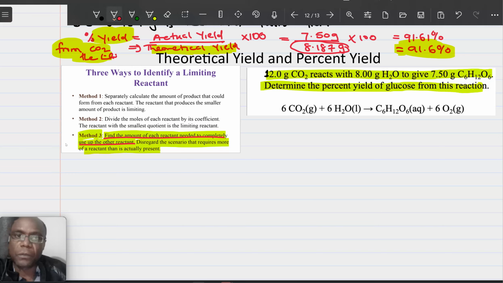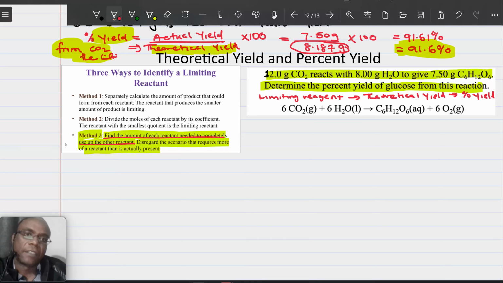We'll really have to find first the limiting reagent, then use the limiting reagent to find the theoretical yield, and then use the theoretical yield to find the percent yield. So now let's use method 3, where we find the amount of each reactant needed to completely use up the other reactant.